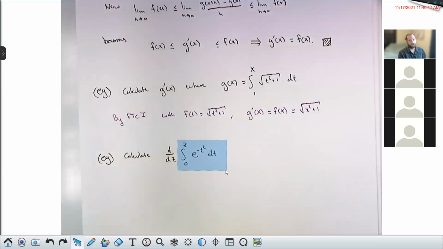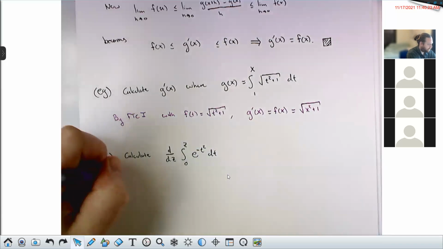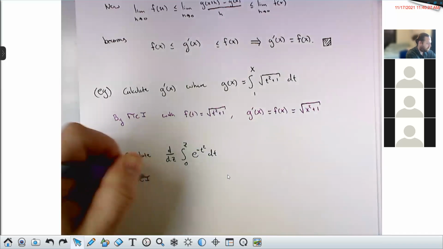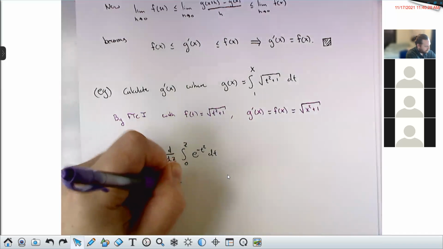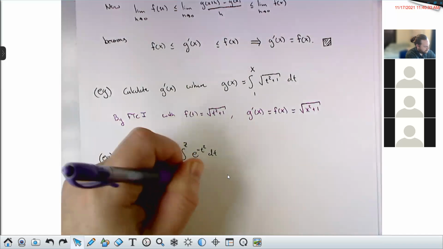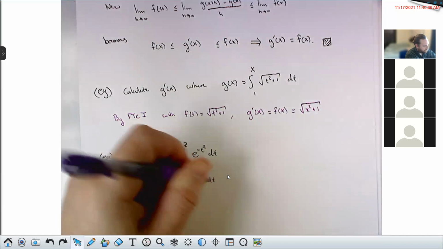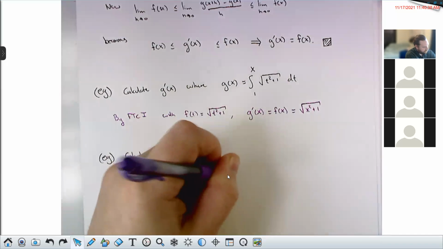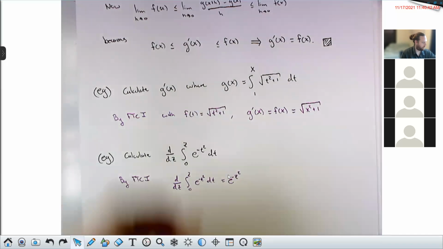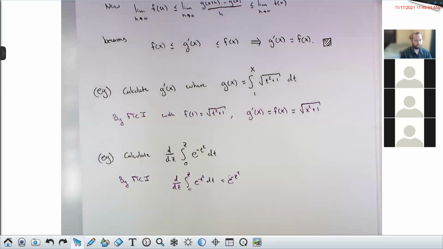This whole thing I would call g of z. And it's a one-liner by FTC1: d dz of the integral from 0 to z of e to the negative t squared dt is just e to the negative z squared. You just take that variable that is your upper bound and plug it in. Done.